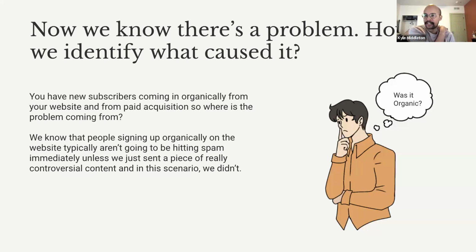So we just split these out into two different categories, organic and paid. And typically, and I say typically because this isn't always the case, but as general as we can be here, signing up organically on the website typically means you aren't going to hit spam immediately on an email that you receive. Of course, if we send a piece of really controversial content, that can often happen.